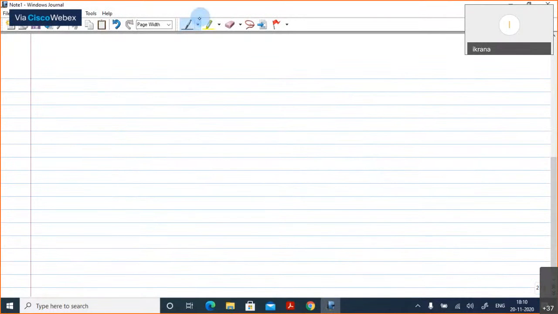I think it was slightly... Let me see if I can. This red and color is blue. I want to make it slightly bigger, so yeah, this is okay, but where is the color?